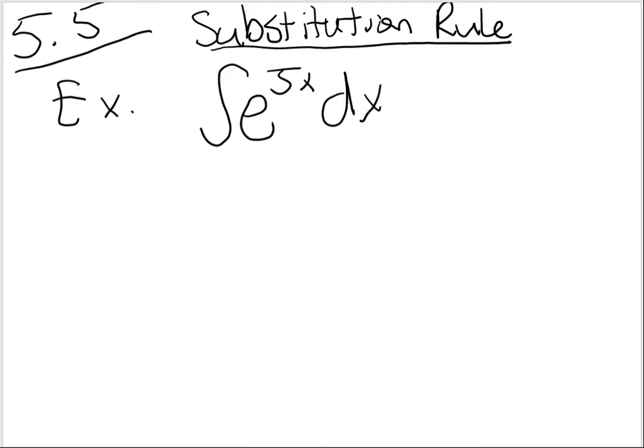Well, I'm going to tell you this is going to be a u sub, or a substitution rule. So I want to think what my u is going to be. Now remember, I know the integral of e to the x dx, but I don't know the integral of e to the 5x dx.